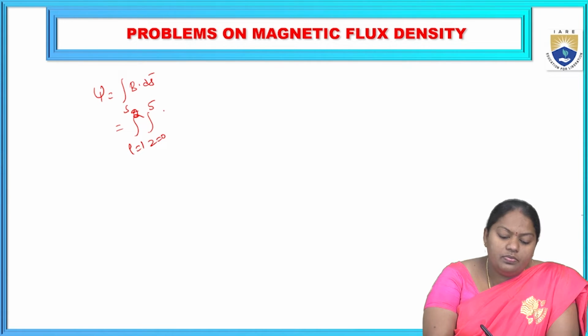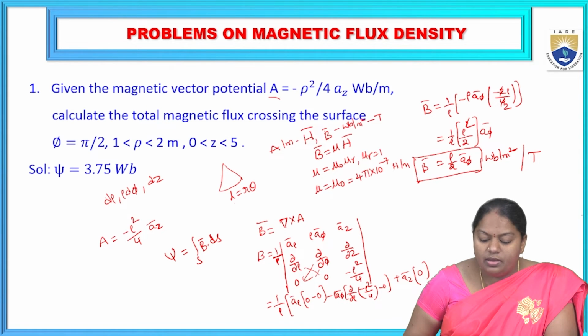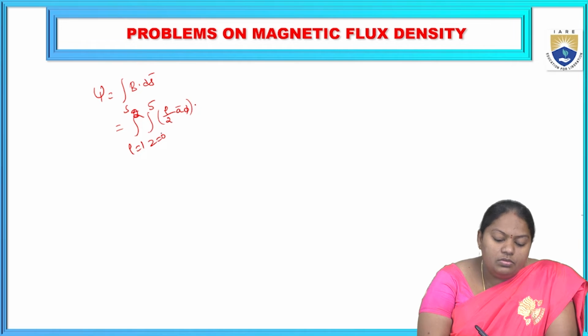And the B value, rho by 2 into a phi, is obtained from the previous analysis, the relation between B and A. If you find B equal to del cross A and solve, then the B value is obtained as rho by 2 into a phi, and dS means, in order to write the formula, rho from 1 to 2, z equal to 0 to 5, the B value is rho by 2 into a phi into dS value.